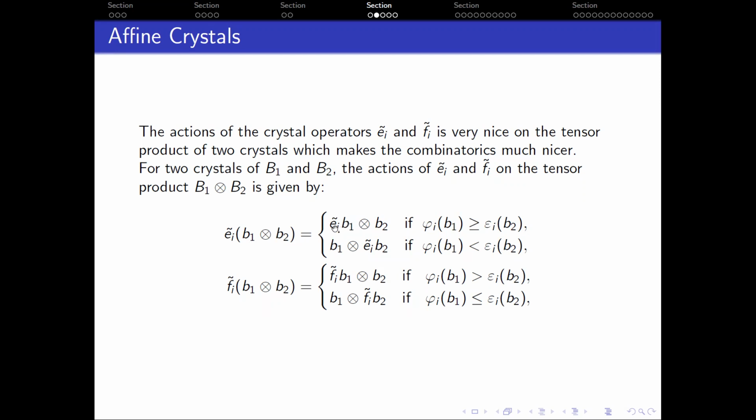It acts on either the first coordinate or the second coordinate. In general, when we look at the action of the Chevalley generators, e_i and f_i, you don't have this feature. So doing combinatorics with the representation becomes much simpler.